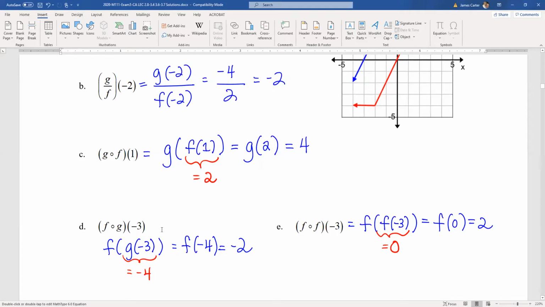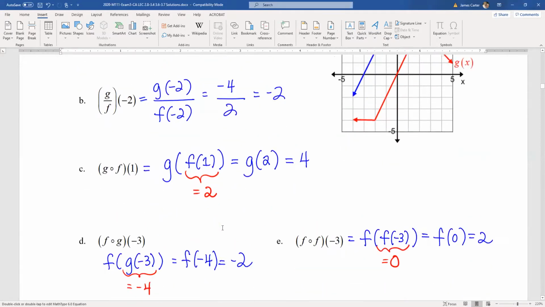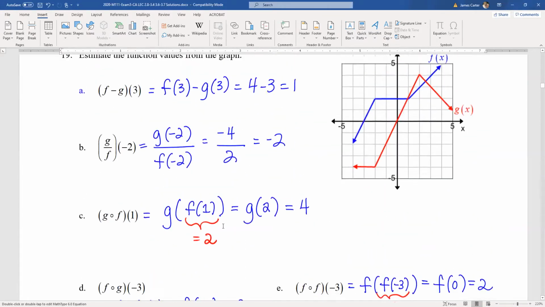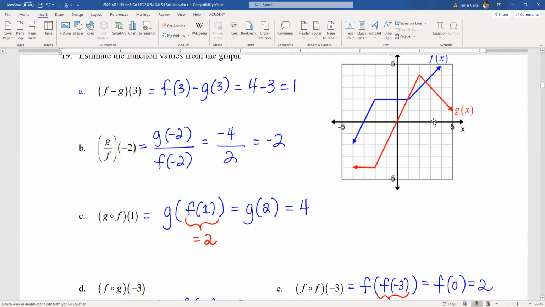Okay, f composed g of 3. So we find the g of 3 right here, 1, 2, 3, and go up, and it's 3.